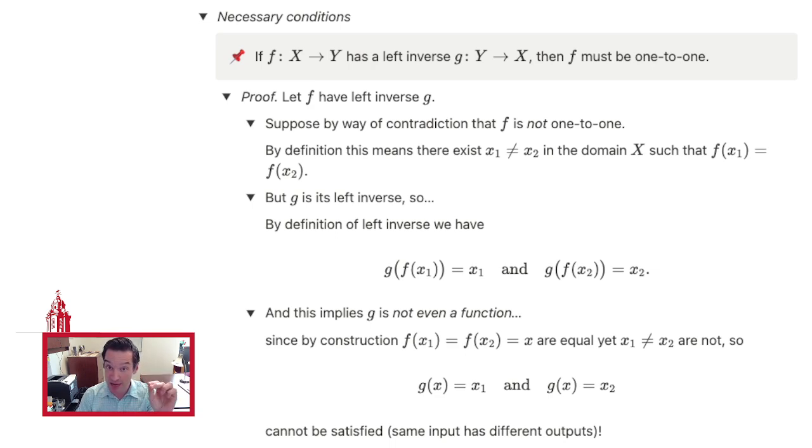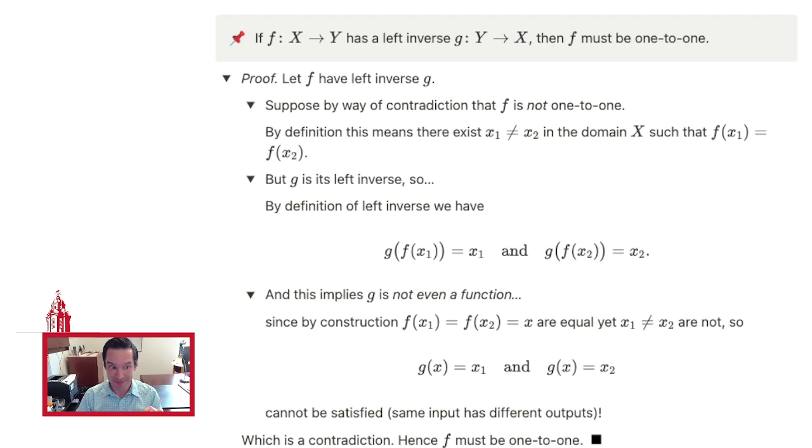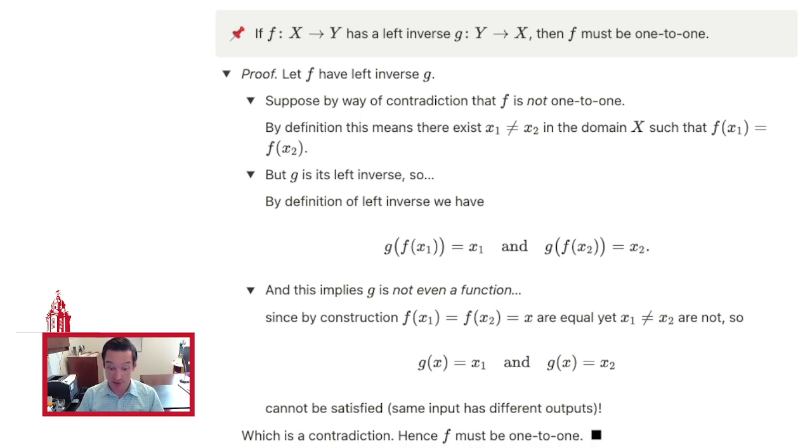So g is turning the same input x into two different outputs, x1 and x2. And therefore this g cannot be a function. And that's a contradiction, because we want our left inverses to be functions. So all of this is a long way of demonstrating that in order to have a left inverse, in order for there to exist a function that undoes what f does, f must be 1 to 1.